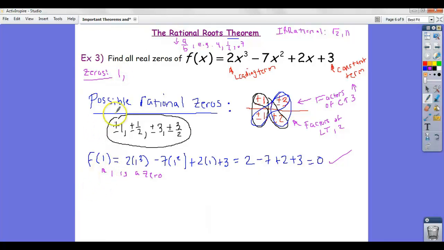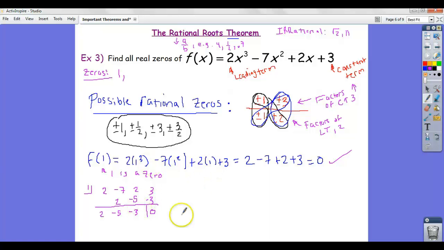To get the other ones, let's do synthetic division. I'm going to put 1 in the box, and I'm going to copy down the 2, the negative 7, the 2, and the 3. Bring down the 2. By the way, I know I'm going to get 0 here, because I just confirmed that above using the remainder theorem.